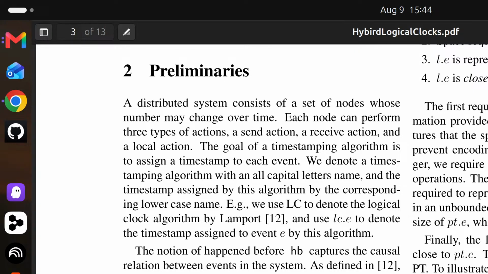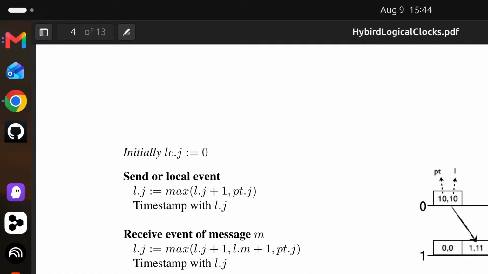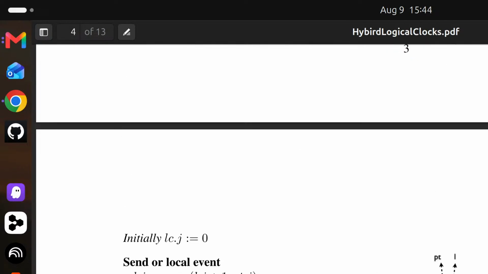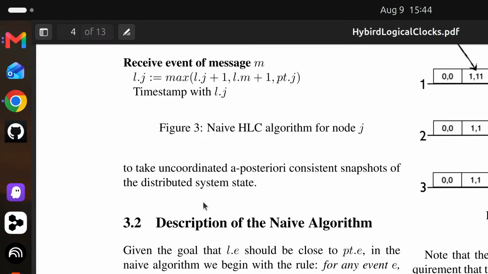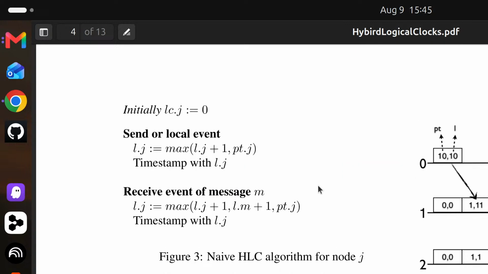Such a snapshot is guaranteed to be consistent, because of HLC requirement 1. In section 6 we discuss in more detail how HLC enables users to take a posteriori consistent snapshot of the distributed system.